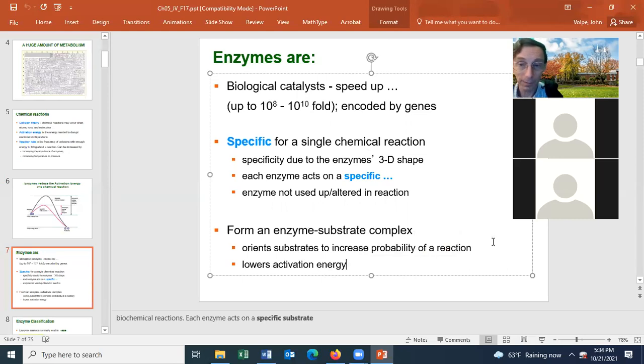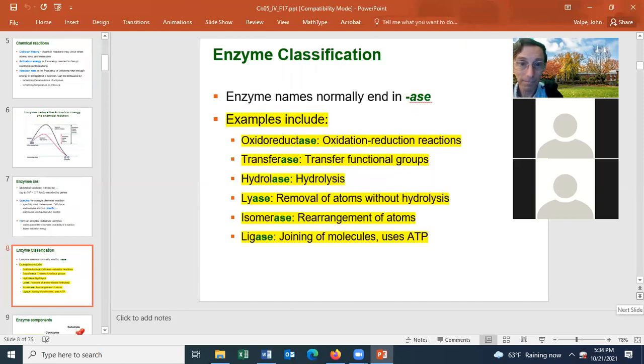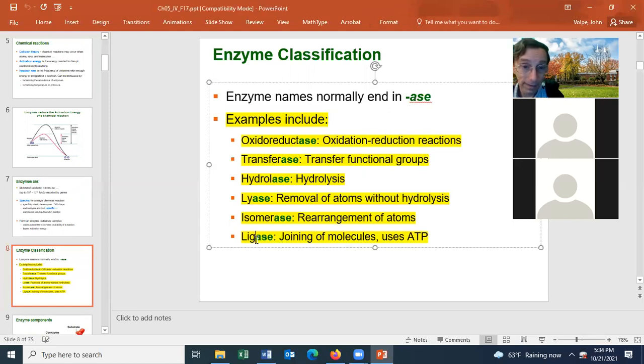And I'll discuss this a little bit more too, the specificity. You should know that enzyme names typically or normally end with ACE. We've already talked about catalase. We will talk in this lesson about ligase. So words that end in ACE are typically an enzyme.